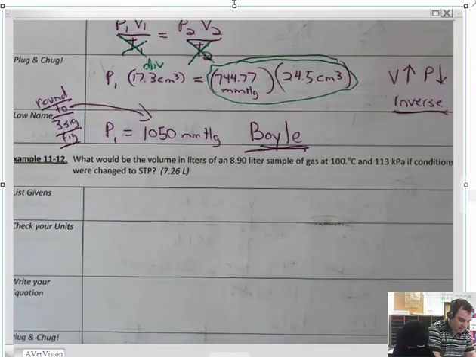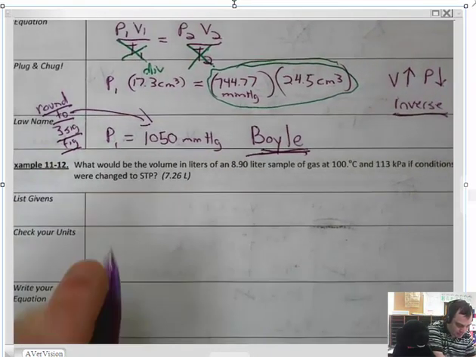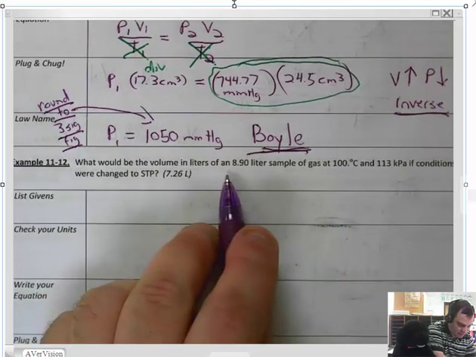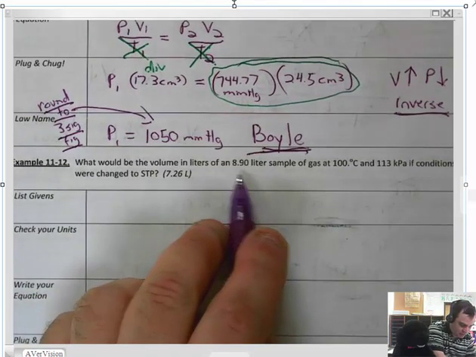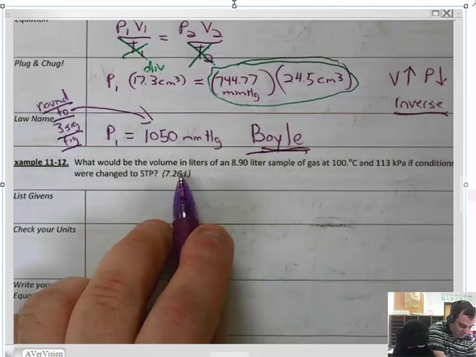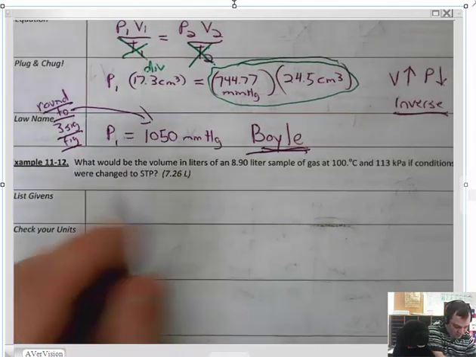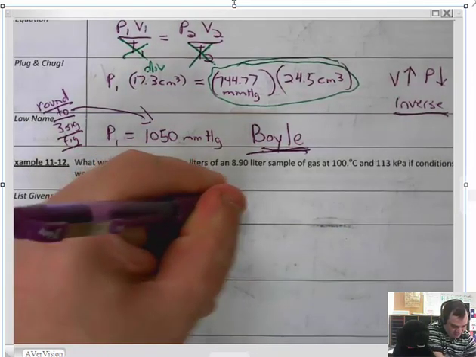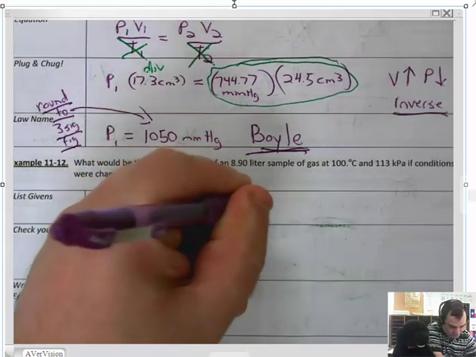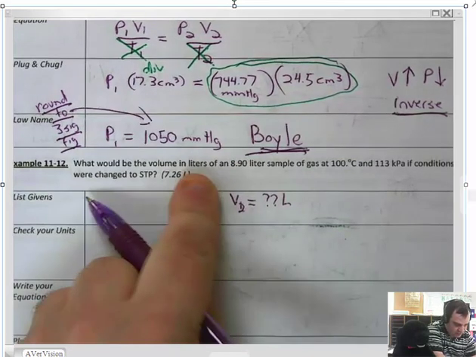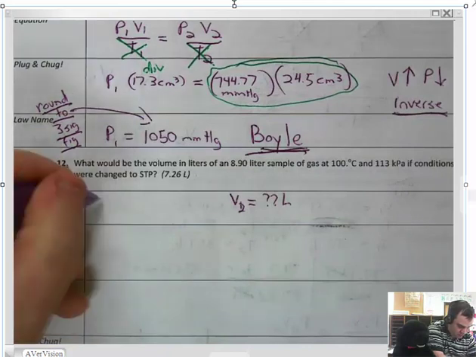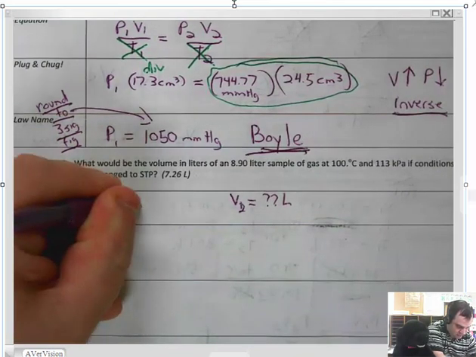What would the volume in liters, so we're looking for the volume in liters. Let's put that as V2. Of an 8.9 liter sample, so V1 is going to be 8.9 liters.